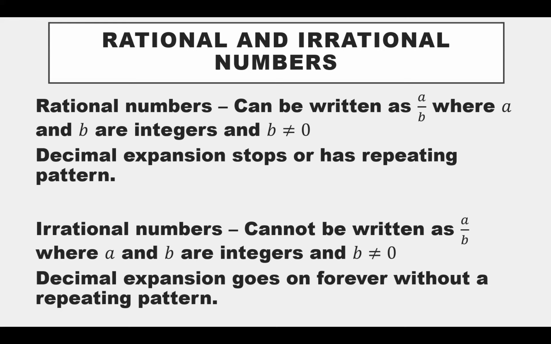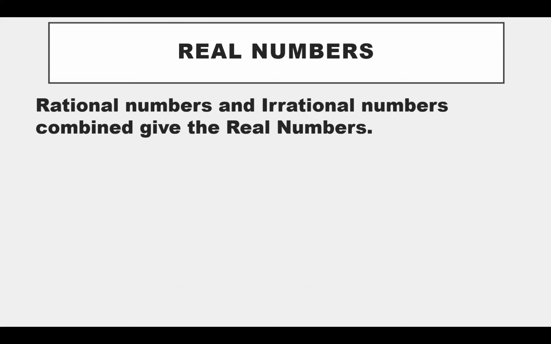Irrationals cannot be written that way. Now, the real numbers are just the rational numbers and the irrational numbers combined. So all real numbers are numbers which can be measured in a specific direction, and those are the rational numbers and the irrational numbers combined.